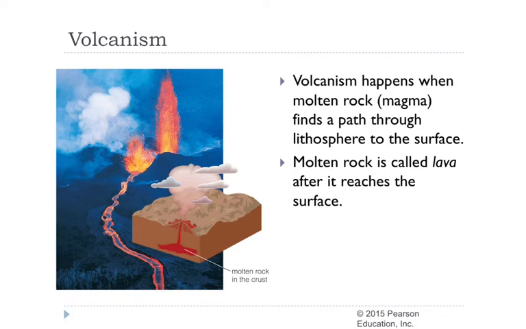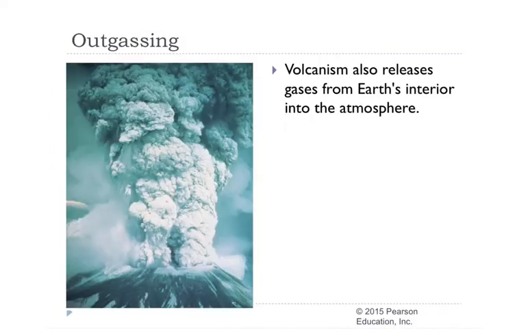So volcanoes are able to contribute to changing the landscape. They also emit a lot of outgassing, and we'll talk a little bit more about the cycle associated with this. But again, they take a lot from the interior of the Earth and release it out into the atmosphere.